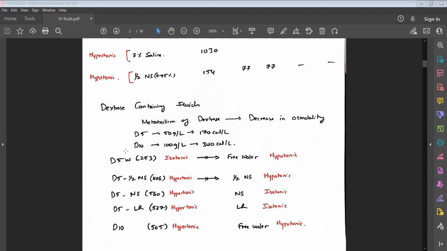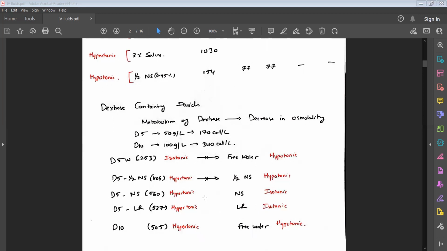Now remember that they do supply glucose, but they are not a source of nutrition. So they might help you prevent hypoglycemia in a patient, but they are not used to provide calories, because you can see the amount of calories in each of these fluids.